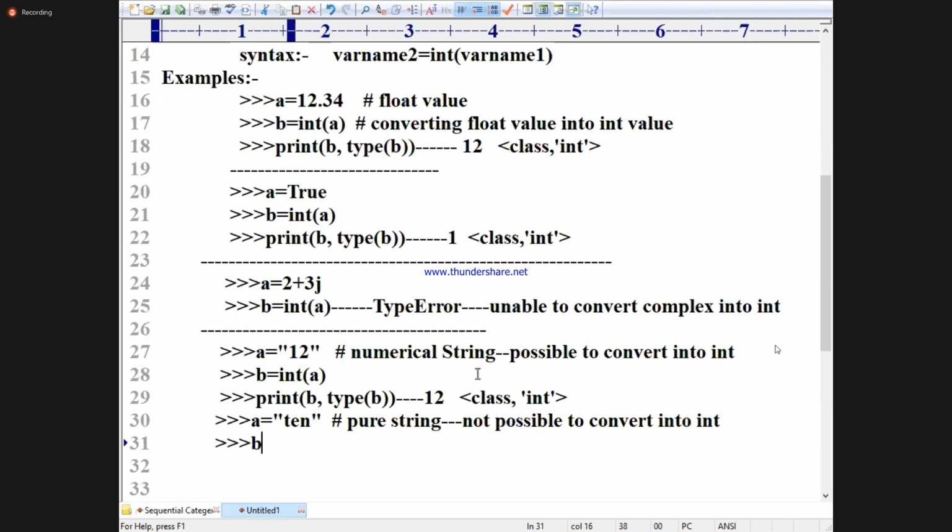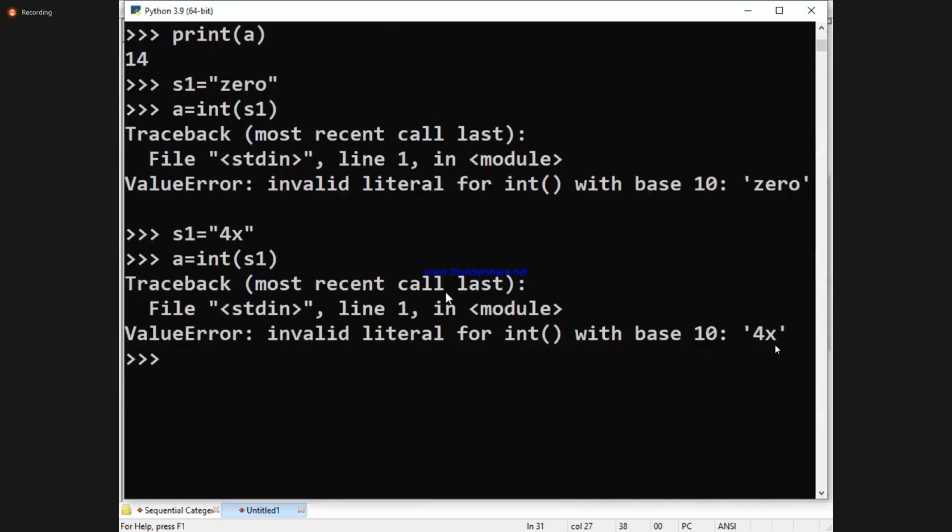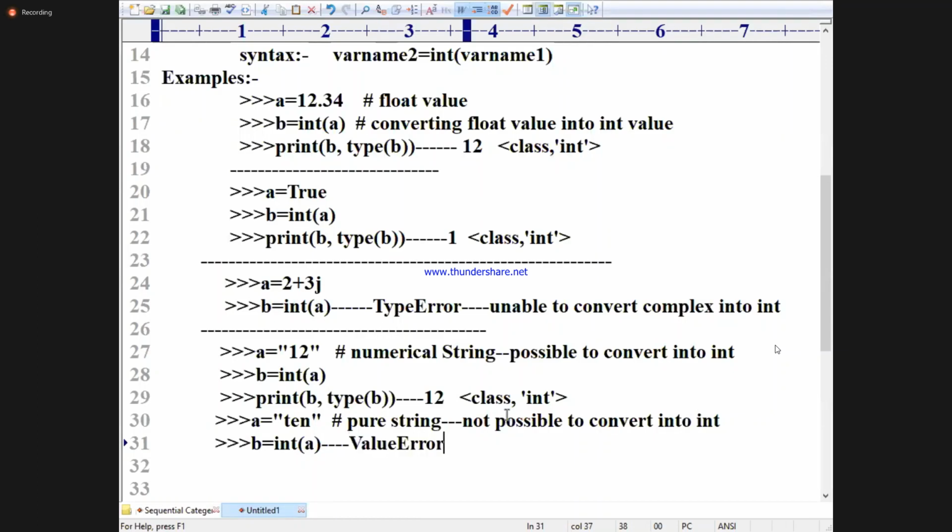B is equal to int of A. What will you get? Type error or value error? Value error. Already you have seen that. See, "4x", what is that error? Value error. So you will get a value error.